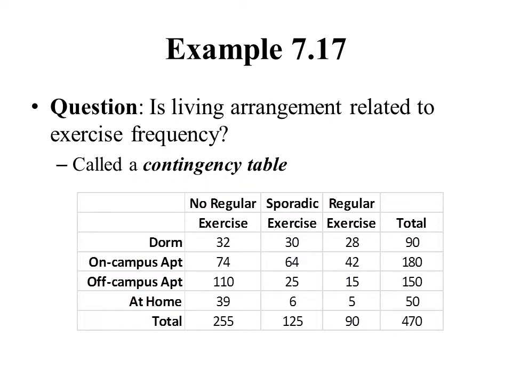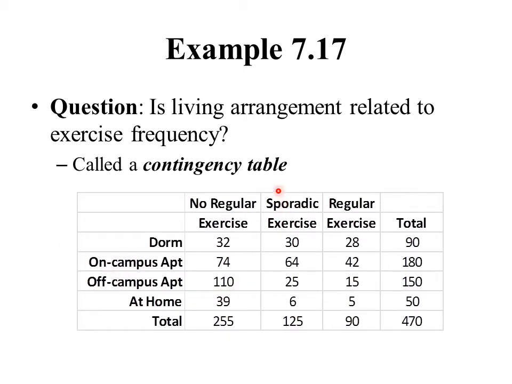Now this scenario is very similar to what we looked at when we did the two-proportion z-test, where we compared two populations. We had the population of students from last year and the population from this year. This is somewhat similar, but here we've got four different populations of students characterized by where they live, and we're comparing these four different populations.